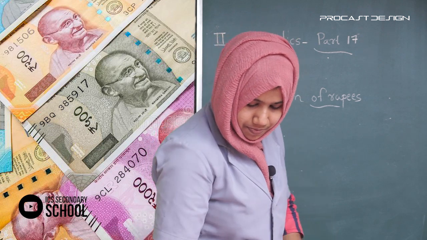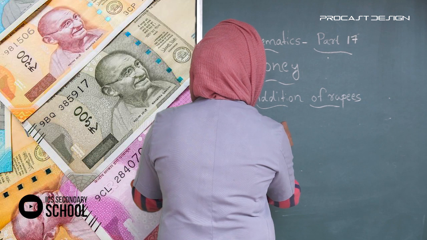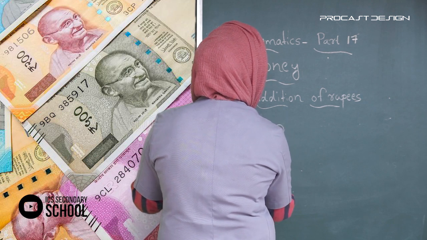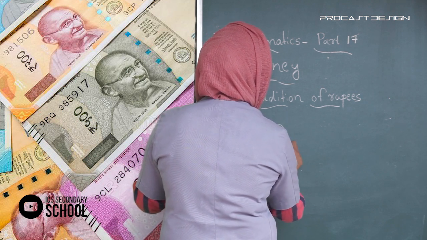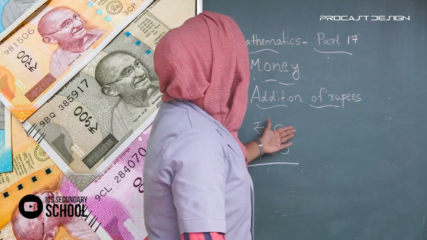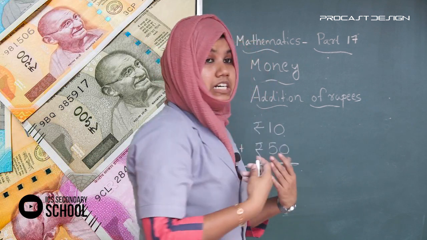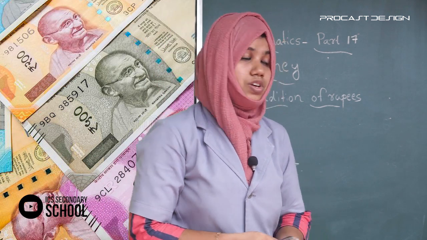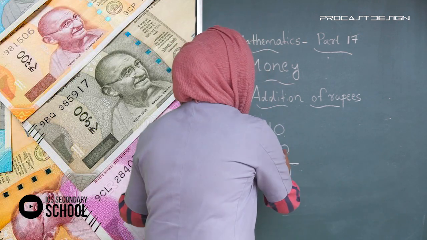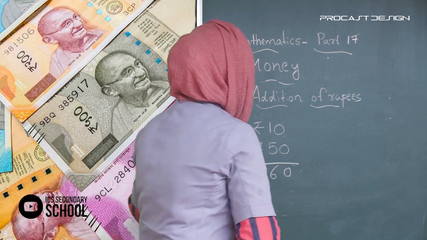First one: first we add 0 plus 0. We already learned when 0 is added to 0, the answer is 0. 5 plus 1, 6. So the answer is 60 rupees. We can read this as 60 rupees.